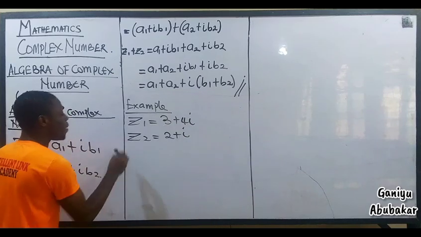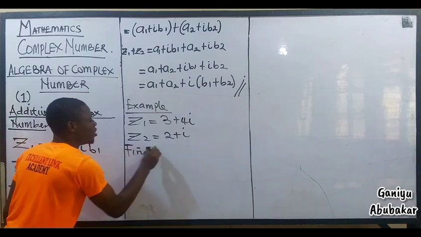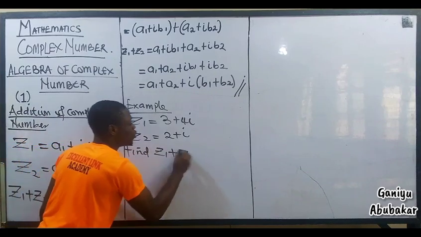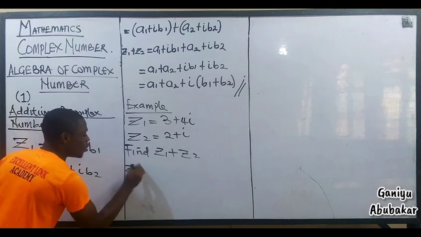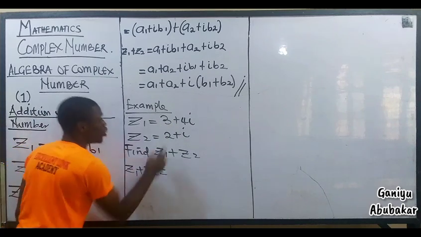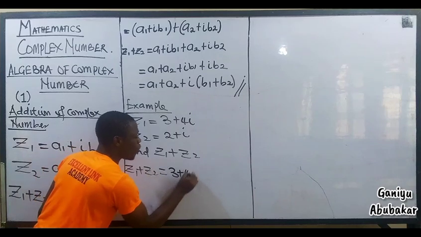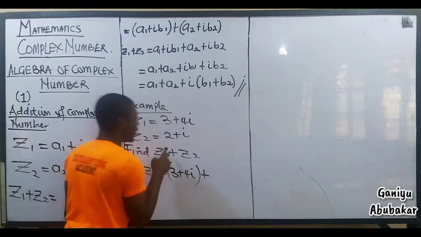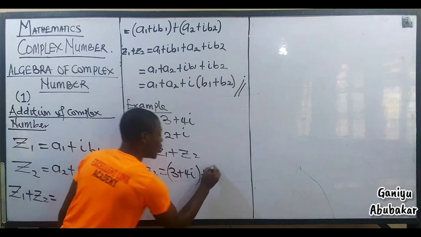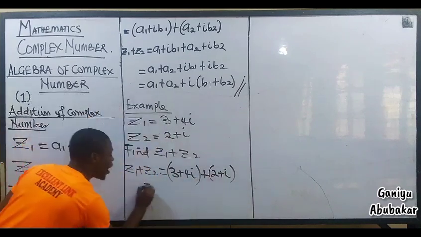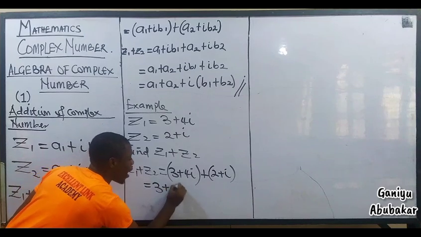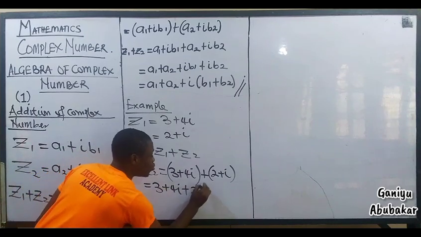So I'm going to find z1 plus z2. Z1 plus z2 is equal to 3 plus 4i plus 2 plus i. Open the brackets: 3 plus 4i, plus 2 plus i.